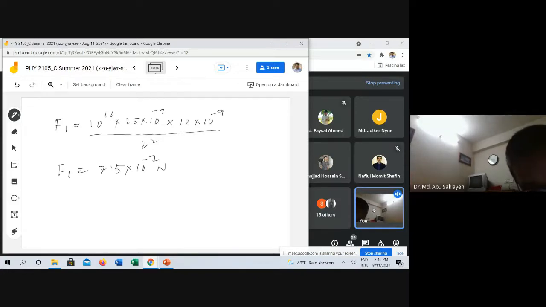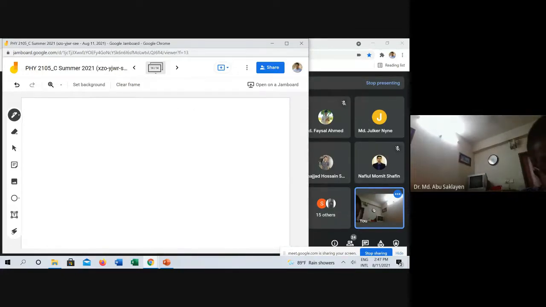And direction, F1 is along minus x-axis. So what will be the F2? Similarly, you can find out.